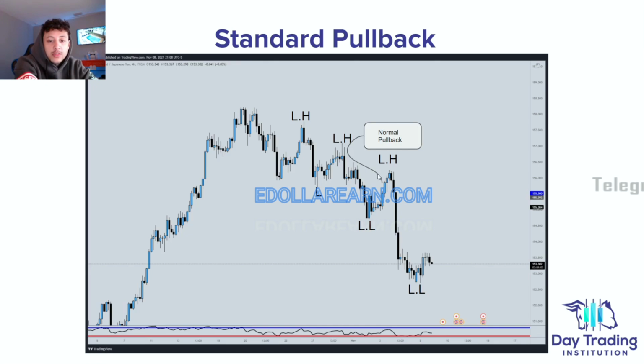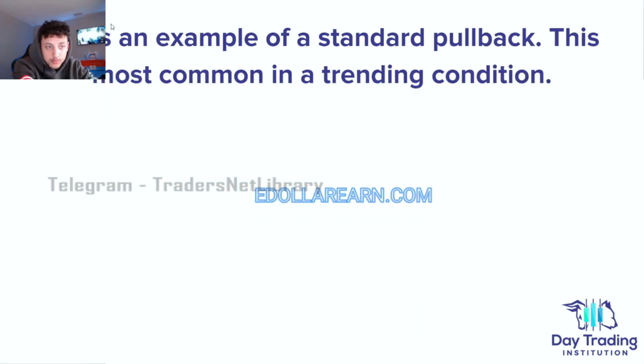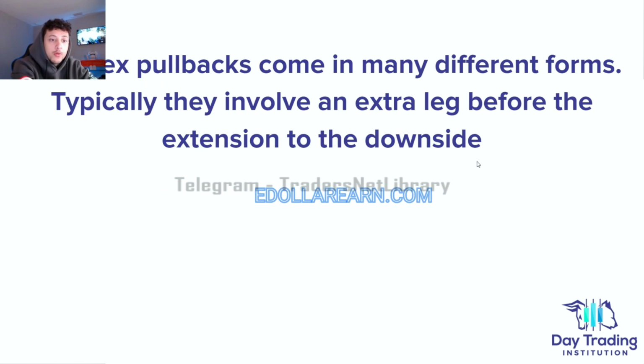This is an example of a normal pullback right here. Notice how price just went bullish and then right after that it went bearish. This is going to be our extension. Now notice how the previous extension price extended even further than that, forming a lower low. That's an example of a standard pullback. This is the most common pullback in a trending market condition.